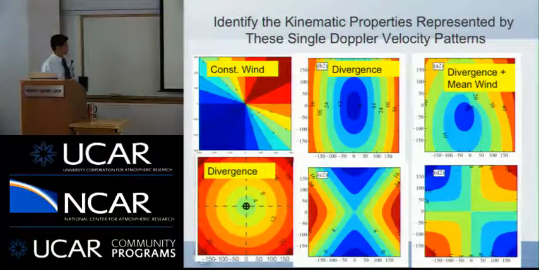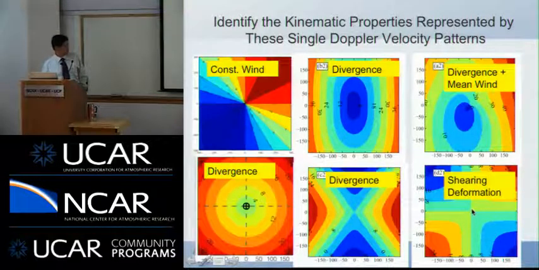Another one. Both plots look like hyperbola. But this one represents a convergence-divergence pattern, where flow moves in from this direction and flows out this direction. This one represents a stretching deformation.